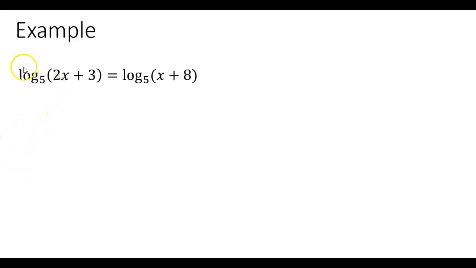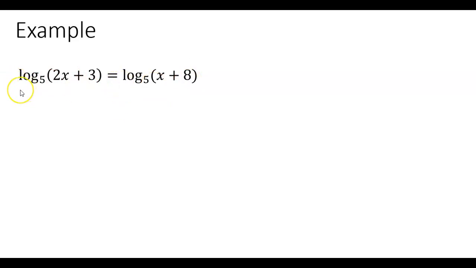Let's say I had log base 5 of 2x plus 3 is equal to log base 5 of x plus 8. Notice that the logs are by themselves on both sides, so we're not adding or subtracting anything. There's no factors out front like a 2 or 3 or -7.